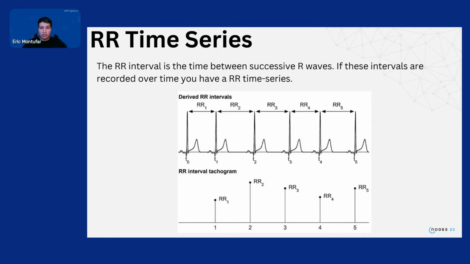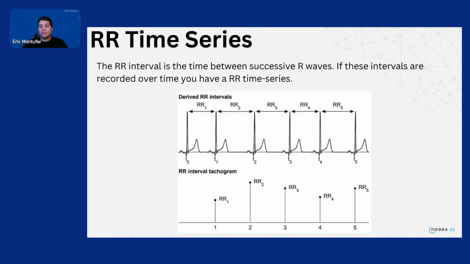So there are many factors impacting in these phenomena. So that's why these RR time series are considered a complex system. And after many studies on these time series, they have discovered that there are some fractal properties on this type of series. So that's why they are widely studied.